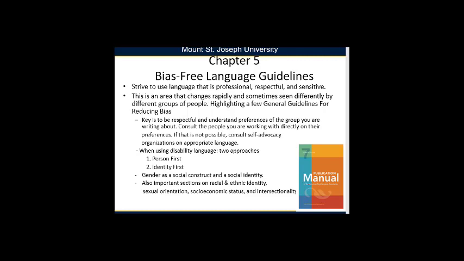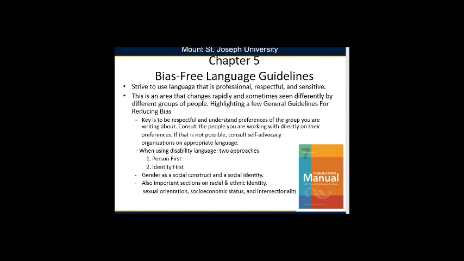Chapter 5 is a very important chapter. Even experienced writers who use APA can likely benefit from reviewing this chapter carefully. This is an area that changes rapidly and is sometimes seen differently by different groups of people. Chapter 5 reviews bias-free language guidelines.